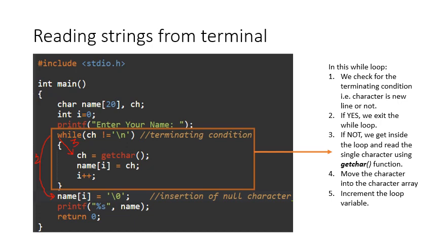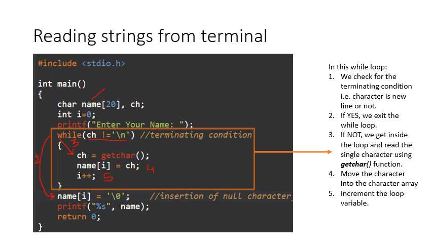This is the third. We go inside the loop and read a single character using getchar. Then we move the character into this name character array. This is number 4, and then we increment the loop variable. This is 5. So we keep on doing this, 3, 4, 5, 3, 4, 5, again and again, till we reach the end of this array and you hit the enter button.